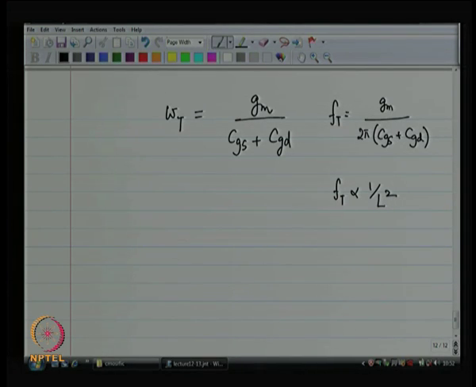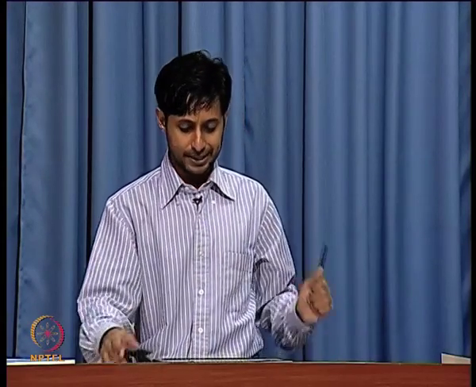So, that means that if you want the maximum transition frequency, you have to use the minimum sized devices that a given technology offers. So, suppose you are working at 90 nanometer technology, you have to use the minimum length 90 nanometers. That is going to give you the maximum transition frequency. Now, as you increase length, the transition frequency is going to decrease inversely proportional to L squared. Fine.